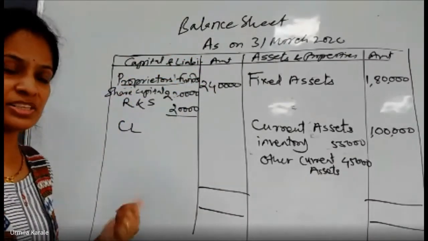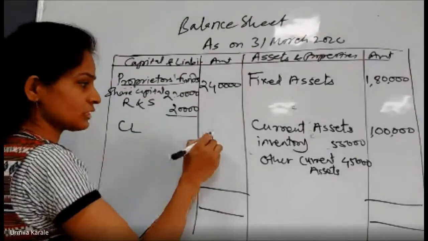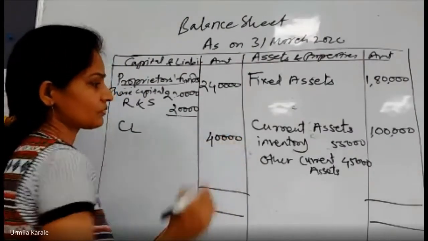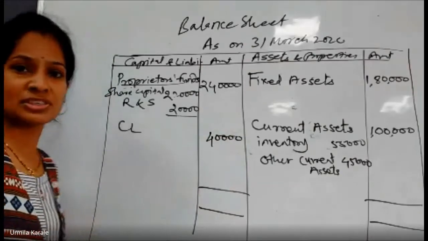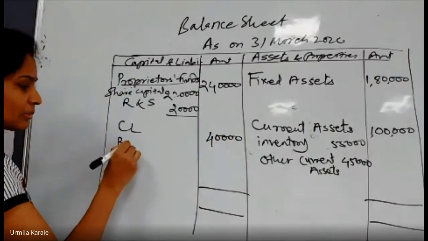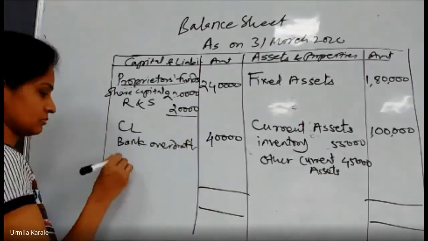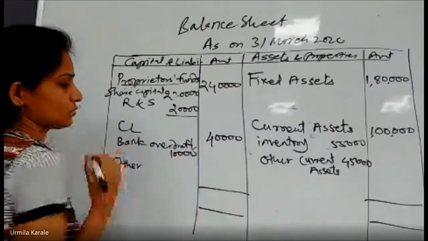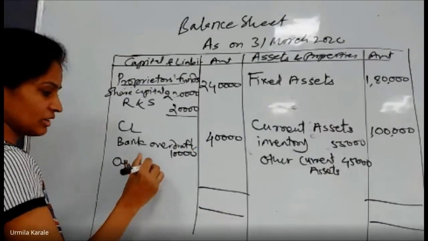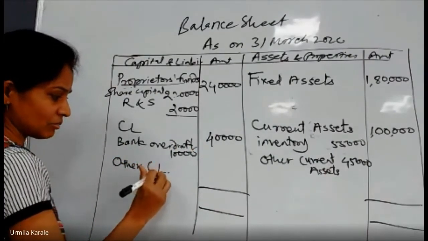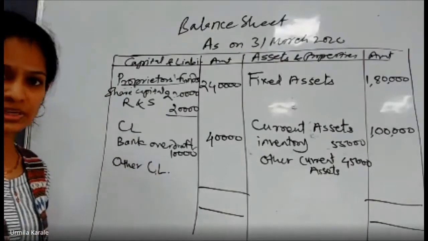Right. Now same thing, current liability was 40,000. Now out of this overdraft is given separately. So I'm writing here bank overdraft. How much was it? 10,000. Okay. So 10,000 this, and then we'll consider other current liabilities, the remaining amount.